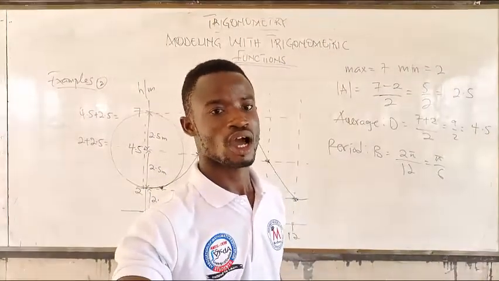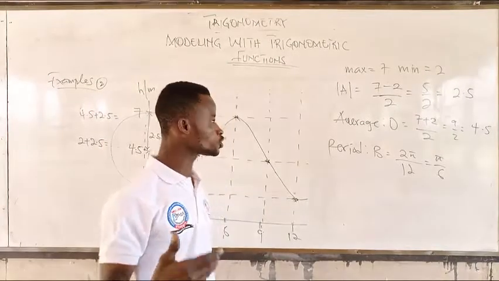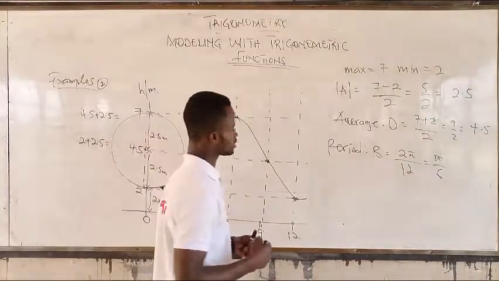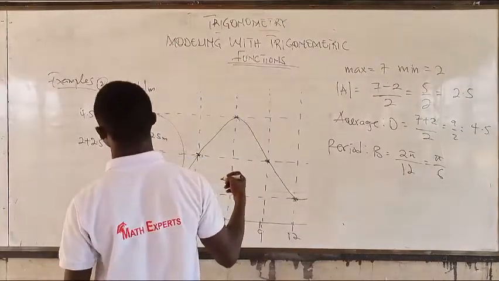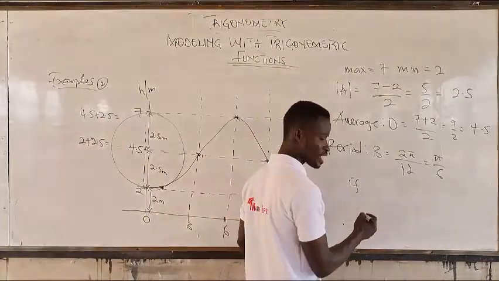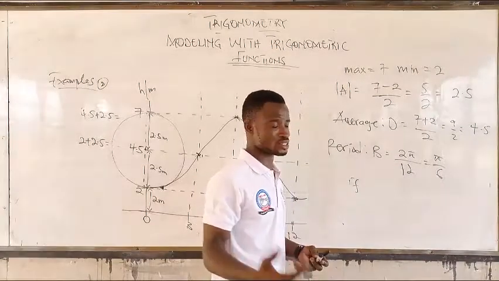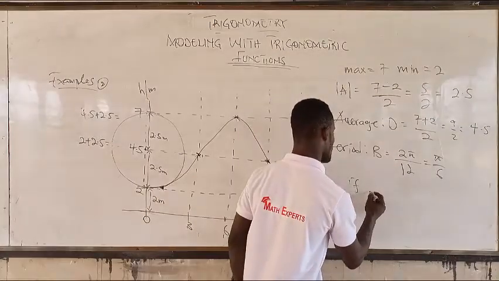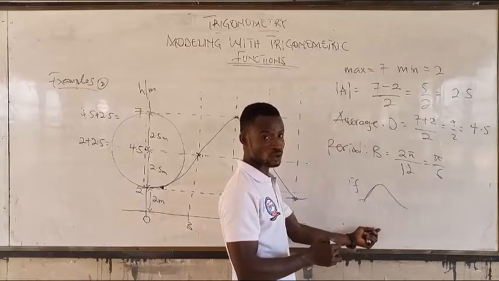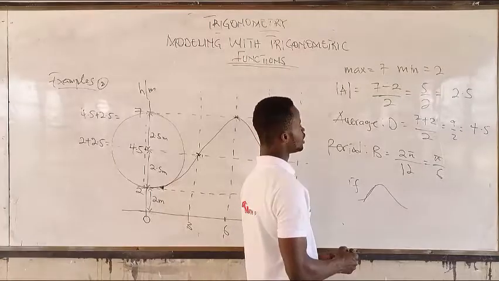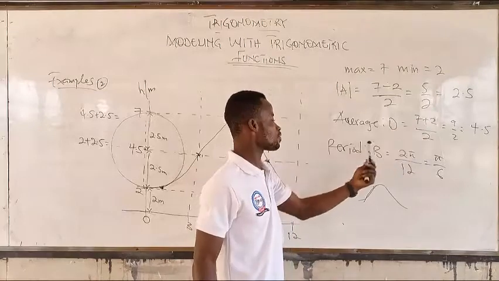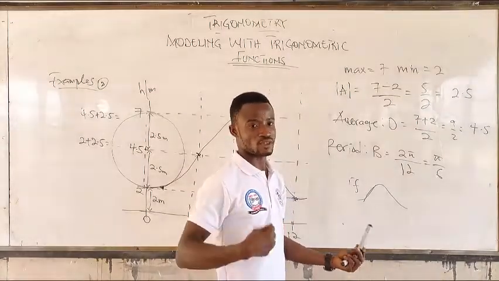Also, it's important for you to note it somewhere. If your graph, I don't care whether it is cos or sine, is downward like this, if it opens downward, even though the amplitude is always positive, when you are bringing it to the equation, you have to negate it.